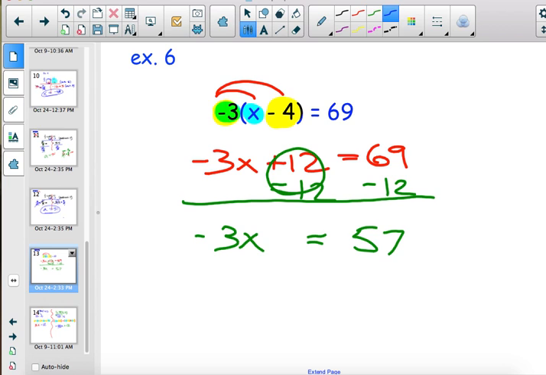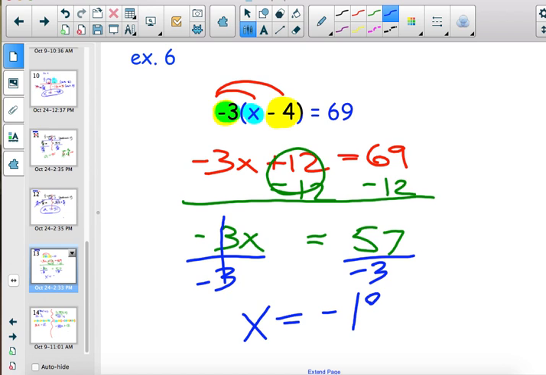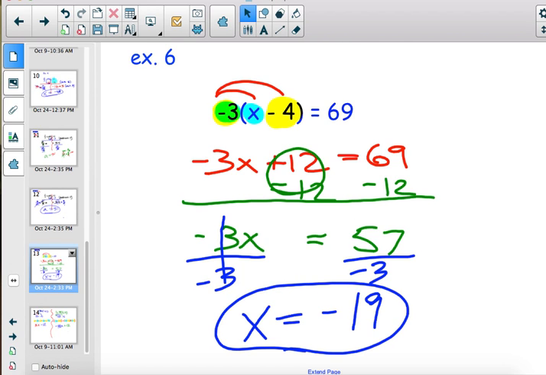This is where mistakes were made. Equal divided by 3. Is dividing by 3 going to get rid of negative 3? No, you're going to divide by negative 3. Negative divided by negative equals a positive 1. x equals negative 19. Why is it negative? Because a positive divided by negative is negative.